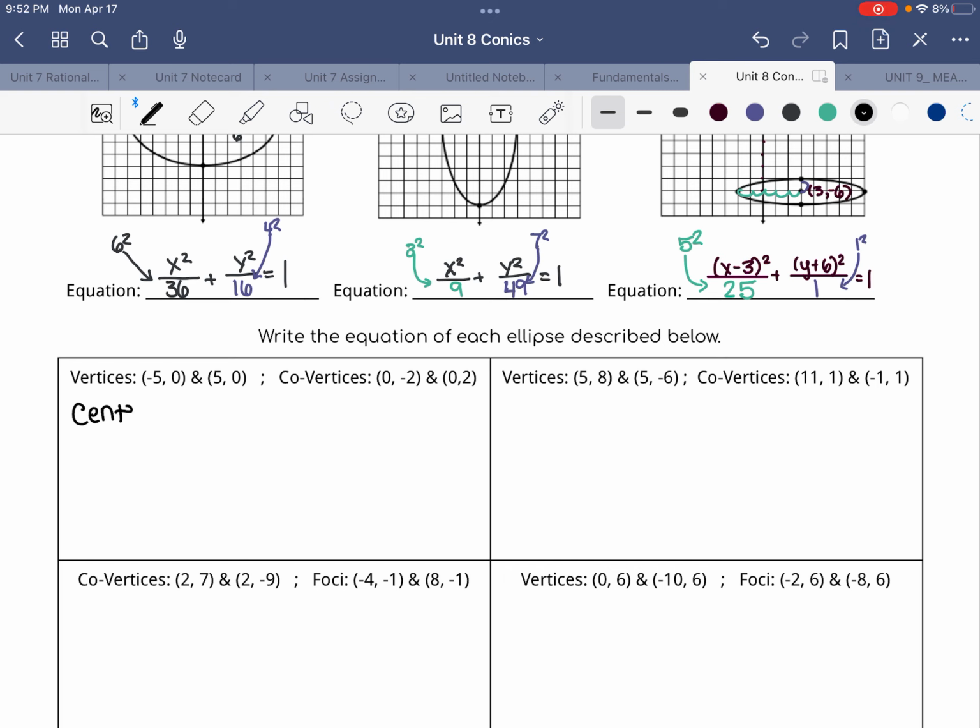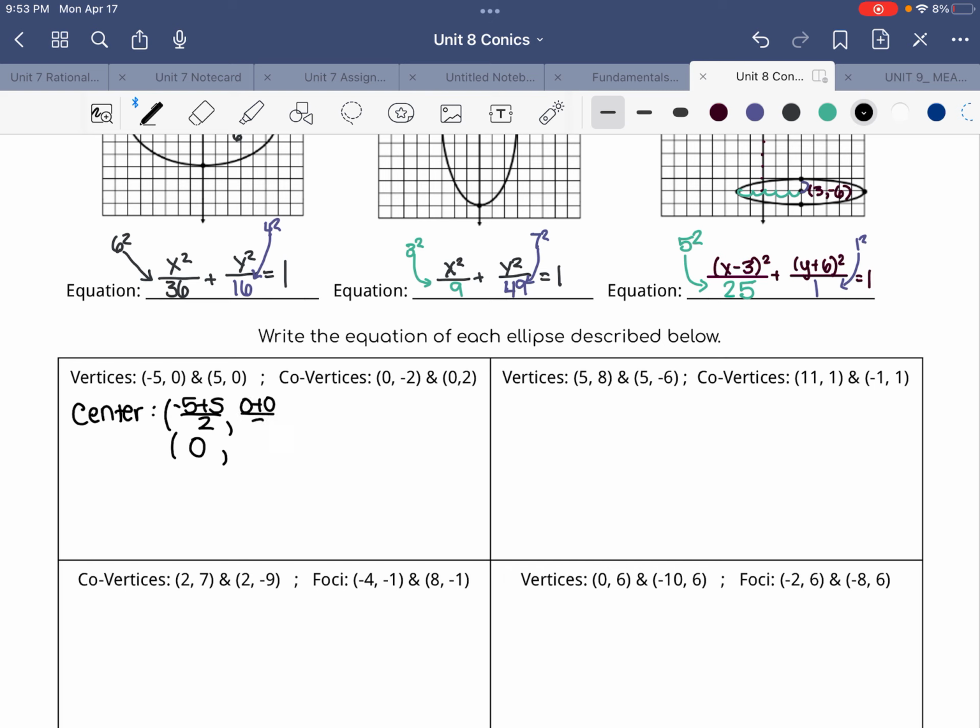So for the center, we need to find the middle point between -5 and 5. So we would add them together and divide by 2. Or I'm kind of hoping that some of us know that exactly halfway between -5 and 5 is 0. Because -5 plus 5 is 0, and 0 divided by 2 is 0.